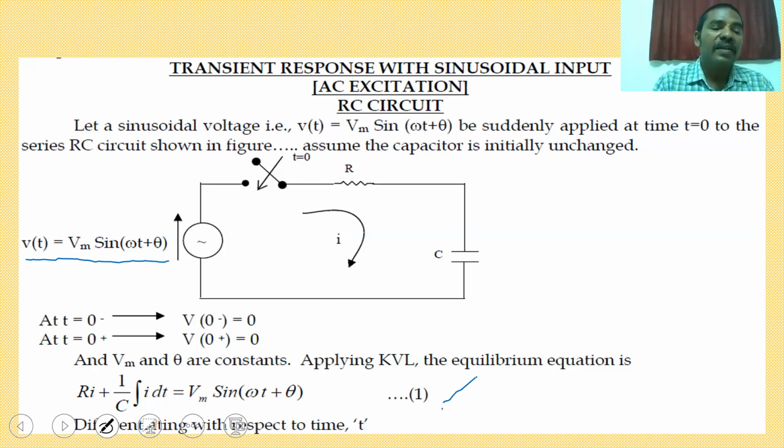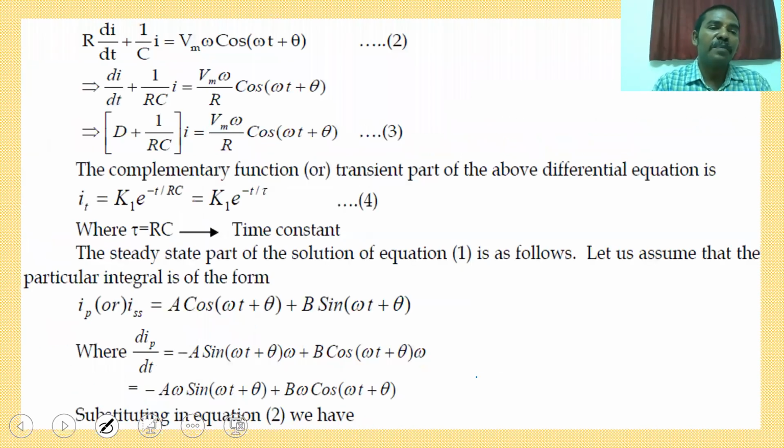Here the integration is there, so the complexity will be there. To avoid that, we go for differentiation with respect to t. Then you get R di by dt plus 1 by C into i is equal to Vm times the derivative of sin(omega t plus theta), which is omega cos(omega t plus theta).